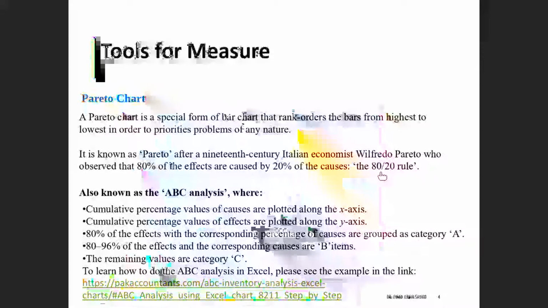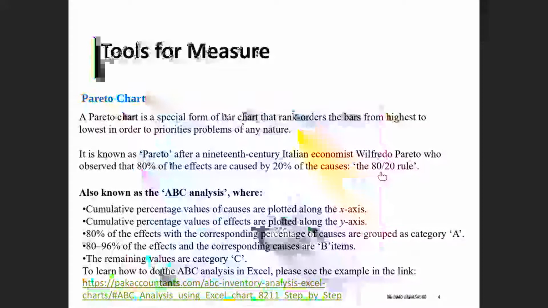If the counts were split between the instructor and the exams or the assessment, then focusing on those two will resolve the majority of the complaints. By focusing only on 20% of the causes, you will resolve 80% of the effects. That is what the Pareto rule says.